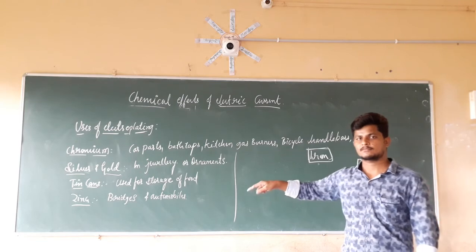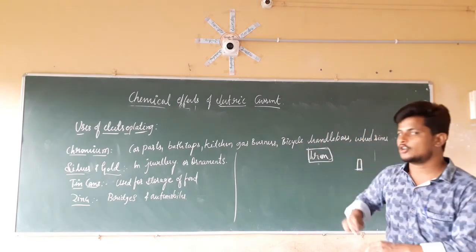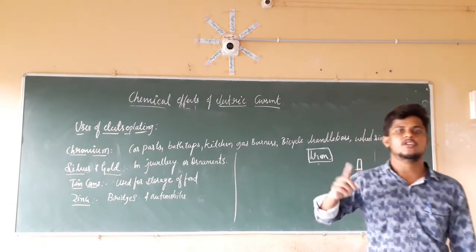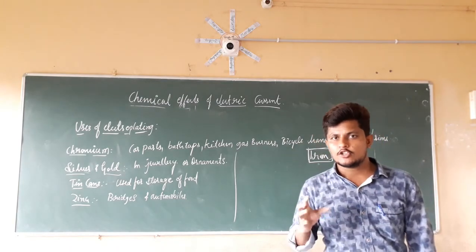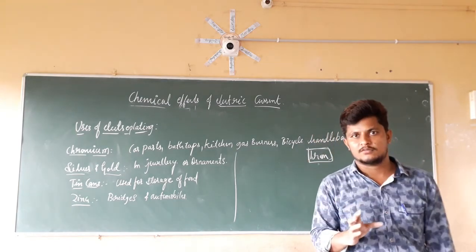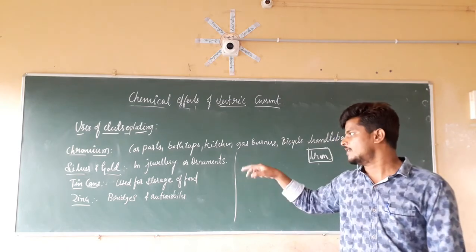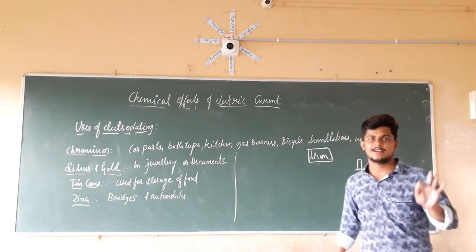The zinc coated on the iron protects it from coming in contact with the atmosphere, so that the iron doesn't corrode or deteriorate. For that reason, we have zinc coating on iron by means of electroplating.